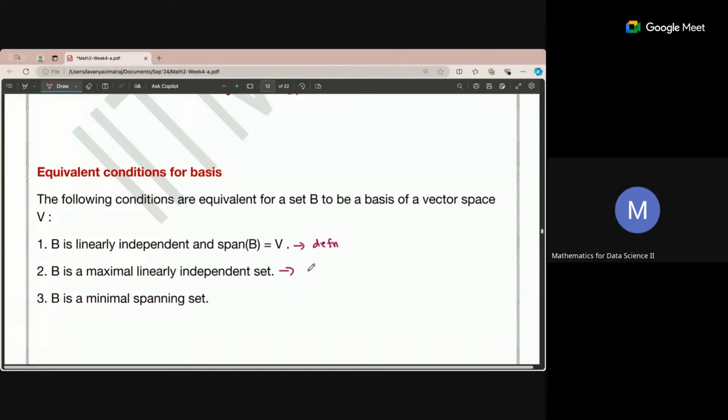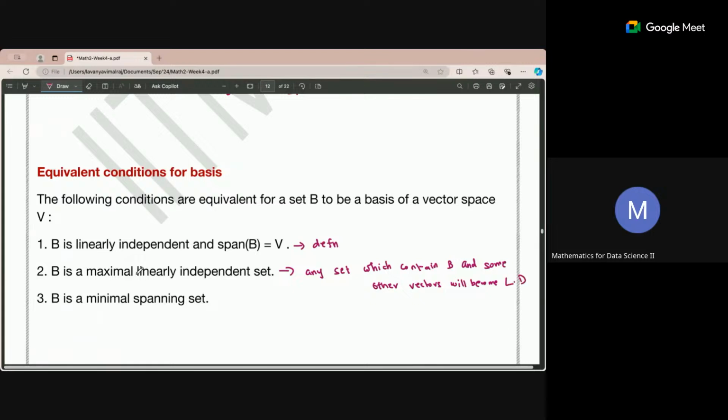It means what? Any set which contains B union some other vectors will become linearly dependent.